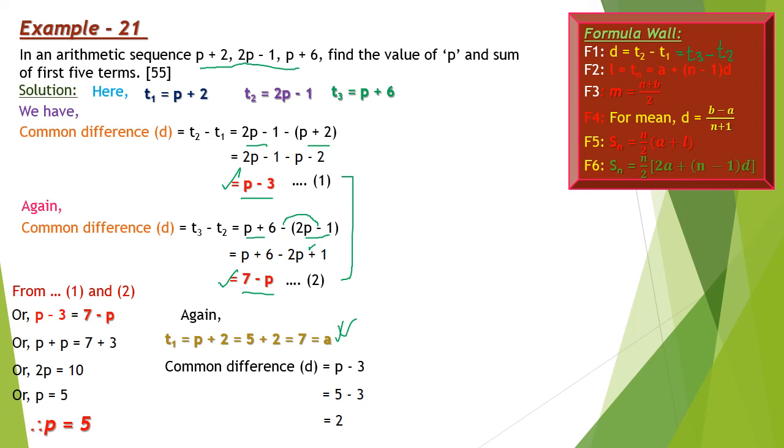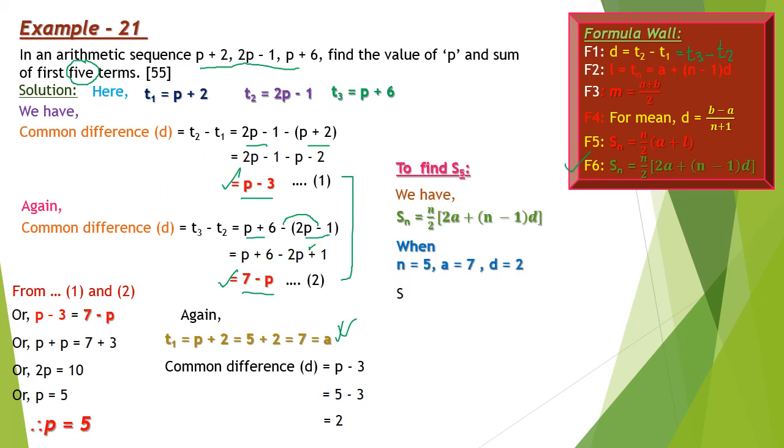Now we have 5 terms, meaning we have the value of n, so we can easily find s5. We have this formula, the Sn formula. We have to use this formula. When n is equal to 5, a is equal to 7, and d is equal to 2.